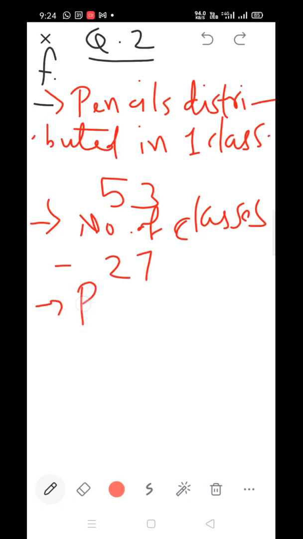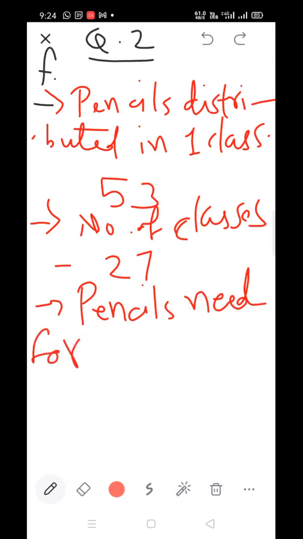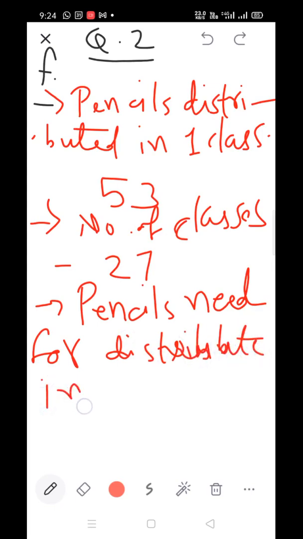And last we have to write down pencils needed for distribution in 27 classes. You can make your own sentence.